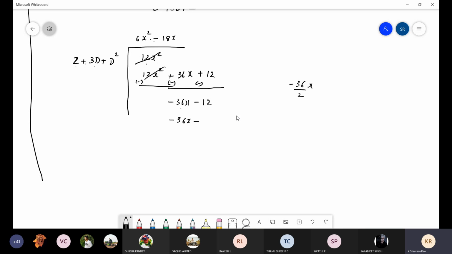Plus into minus is minus. 3 into differentiation of 18x gives 54. Is it right? Yes, sir. And double differentiation is 0.